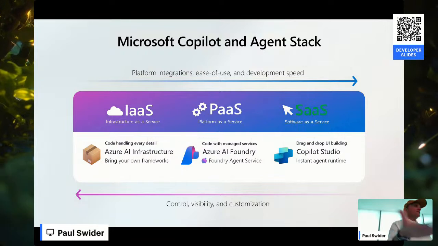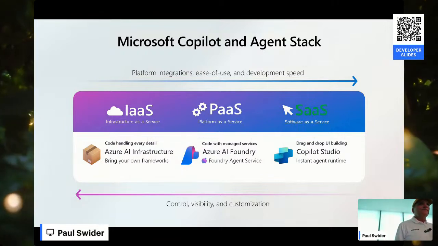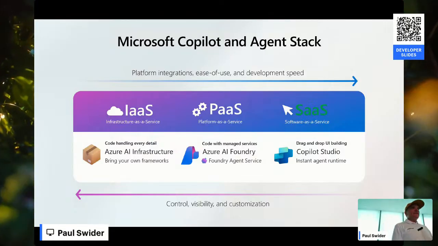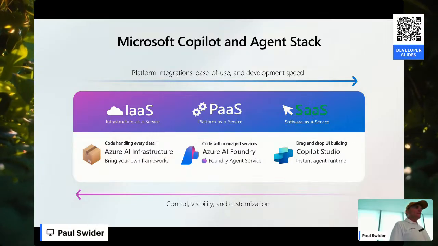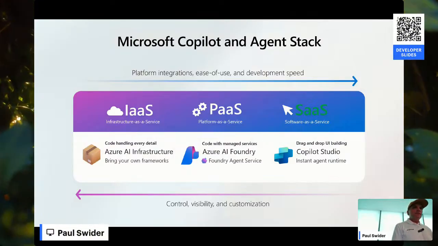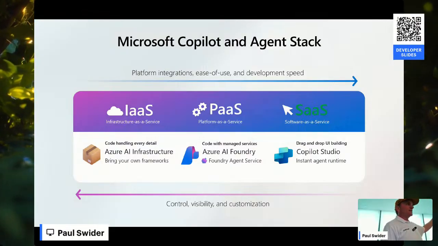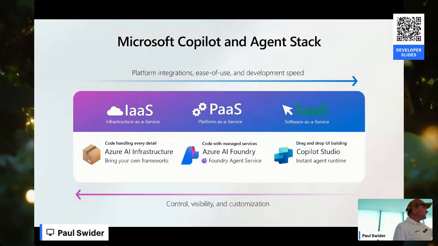You're using Azure services, things like the agent framework, Azure Foundry, for example. Another thing worth noting is that you can have a mix of things. You can build apps that have a SaaS component, but they also have a PaaS component, meaning they're using platform services, but you build and deploy them as software as a service. SaaS is software as a service, and PaaS is platform as a service.